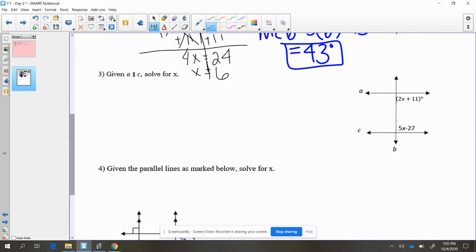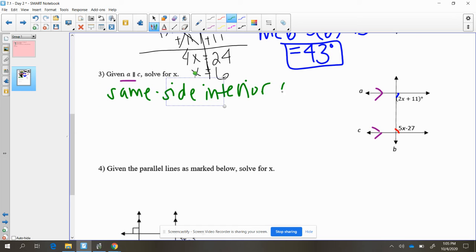Next one then, again, tells us we have parallel lines, this time A and C, and we want to solve for x. Well, looking at the two angles that are given to us, we have an angle there, we have an angle here. These guys in relation to each other are same side interior angles.